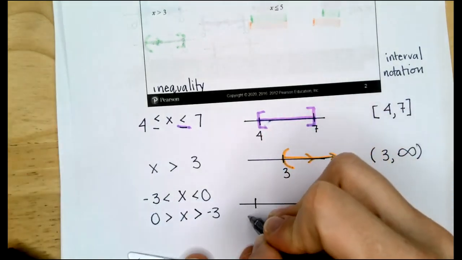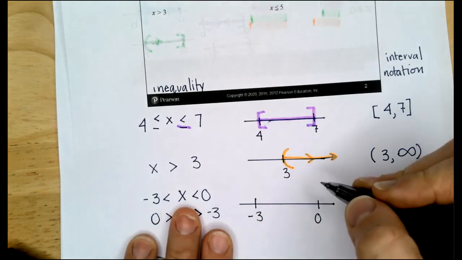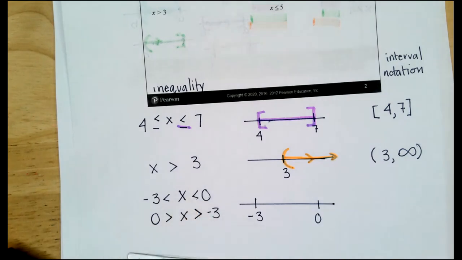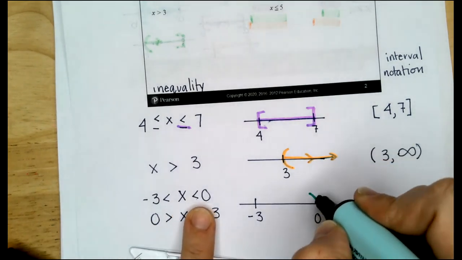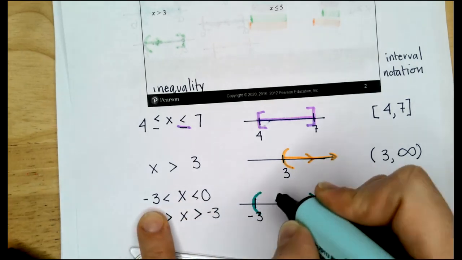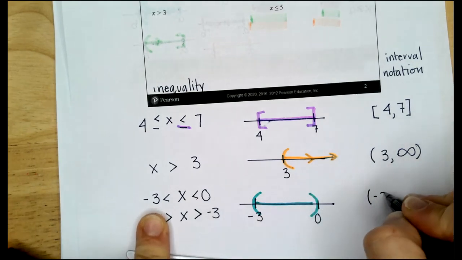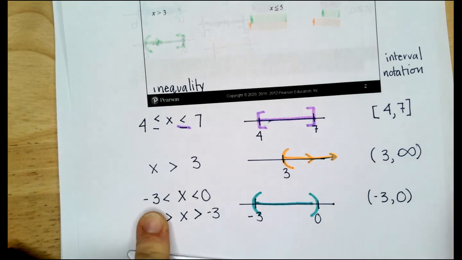So I need a -3 and I need a 0. X is less than 0 and does not include it, right? So it's parentheses. X is greater than -3 and doesn't include it, so that's another parentheses. And then I just write it like that. Where does it start? It starts at -3 with the parentheses. It ends at 0 with the parentheses.